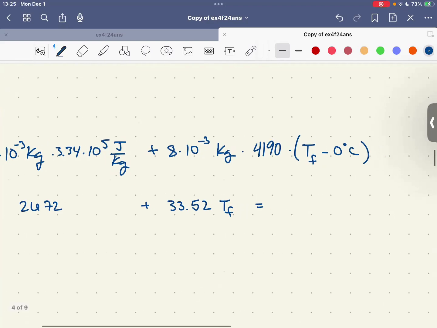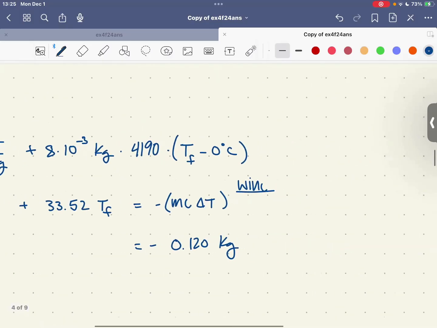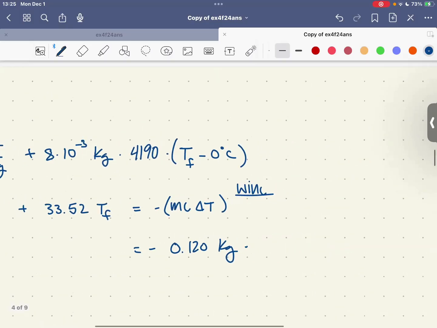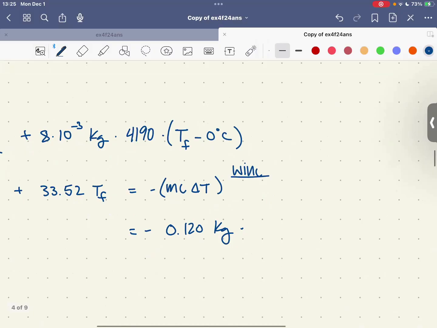And then on the other hand, we had this negative MC delta T of the wine, and we had this negative 0.120 kg times the C of the wine, which is given in the problem.